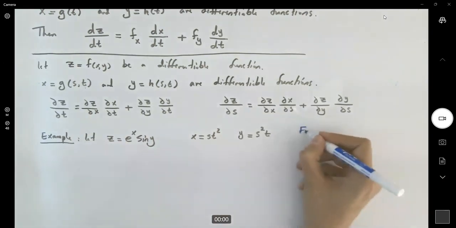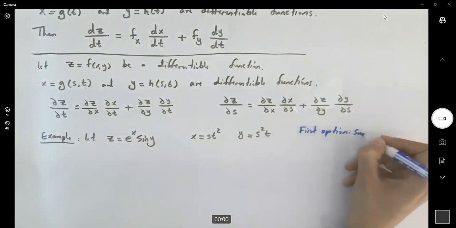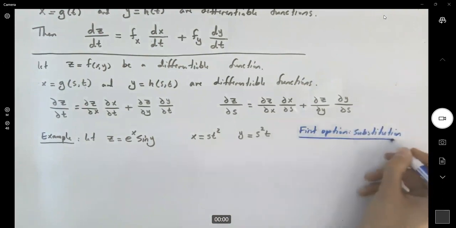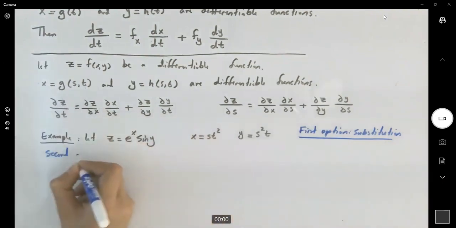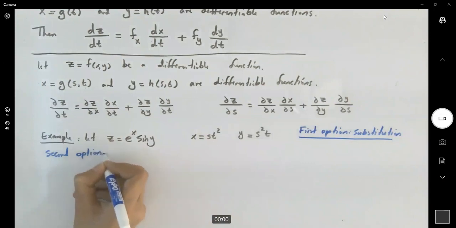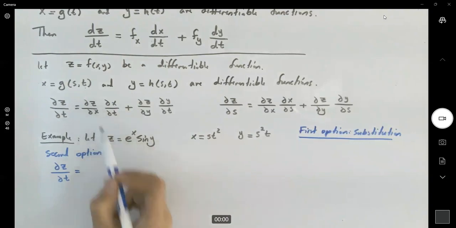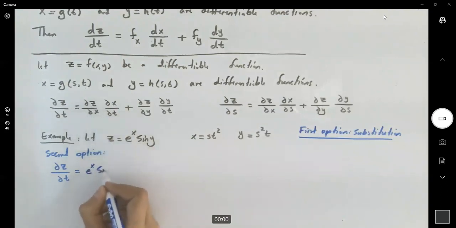So first option is just substitution. The second option is using the formula, whichever is easier to use, easier to follow. Partial derivative of z with respect to time, or t, in this case is partial derivative of z with respect to x. So you get e to the x sine y.